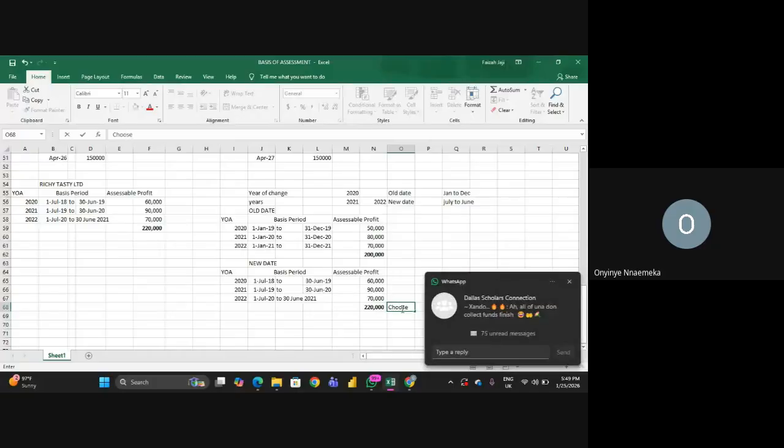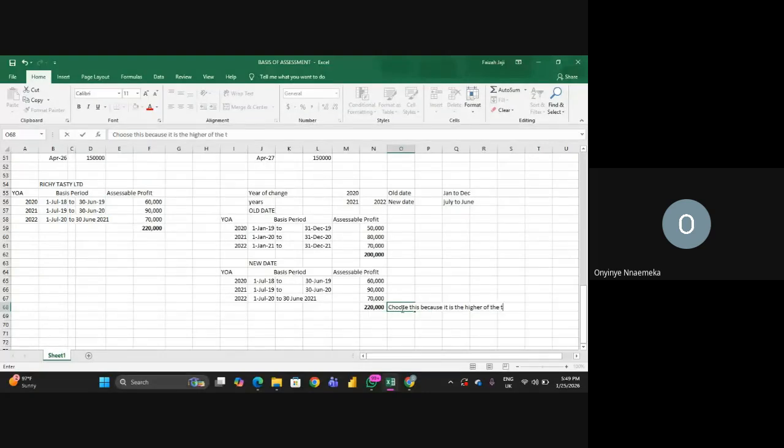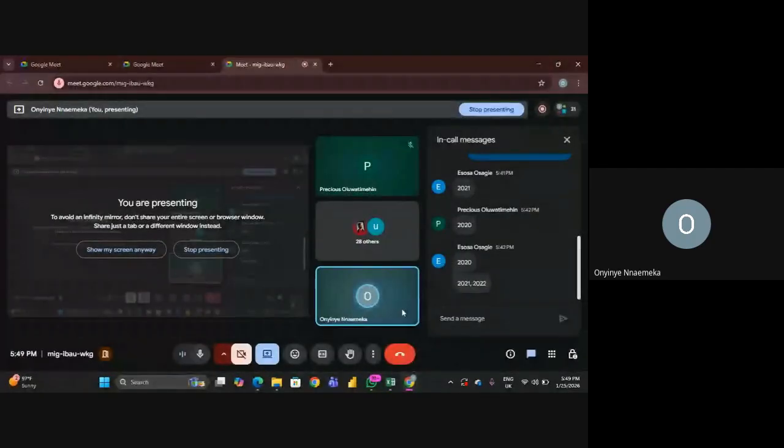Choose this because it is the higher of the two. Do you get? So that's it. That's it for changing accounting dates.